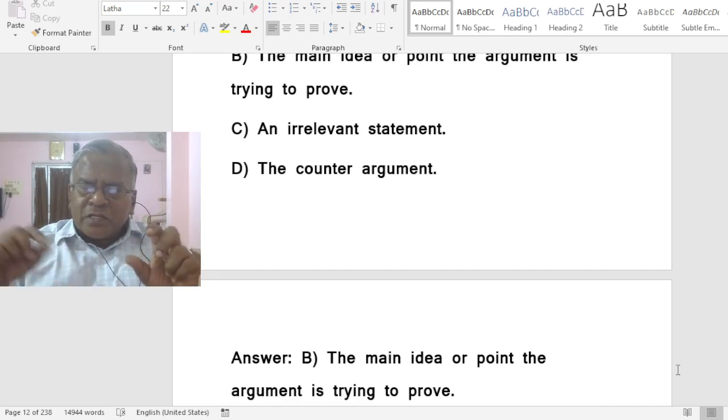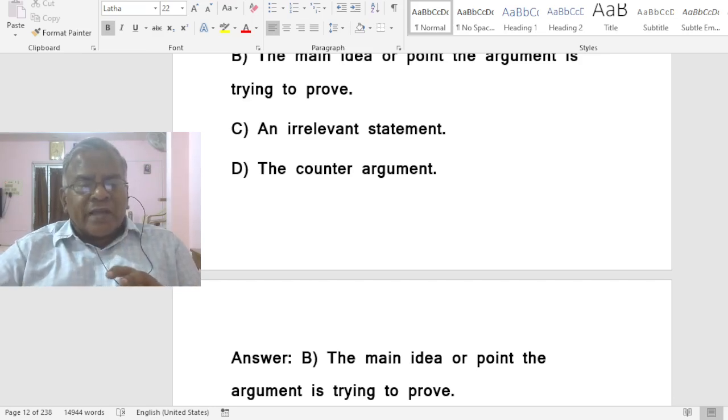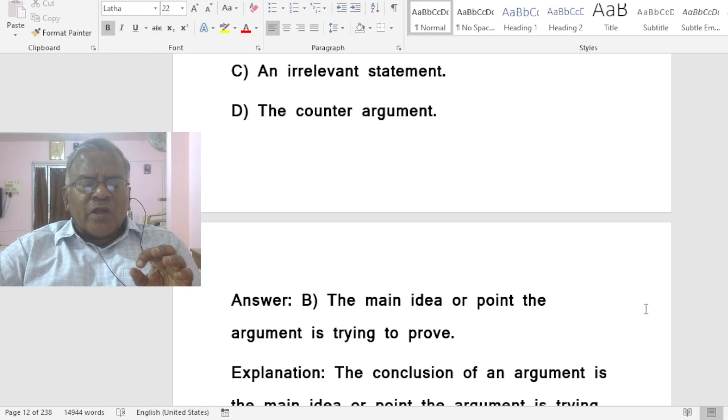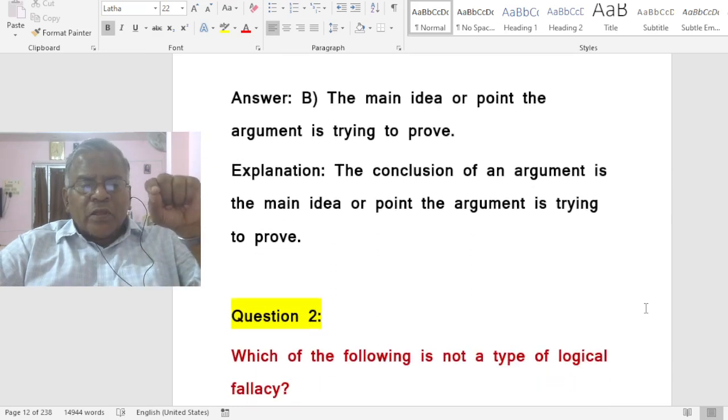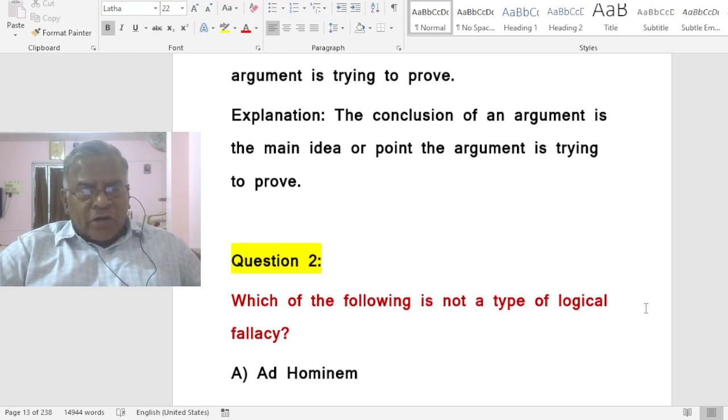These two premises should lead to the correct conclusion, namely Aristotle is mortal. So that is the idea here. The conclusion of an argument is the main idea or point the argument is trying to prove. I hope you understood this.